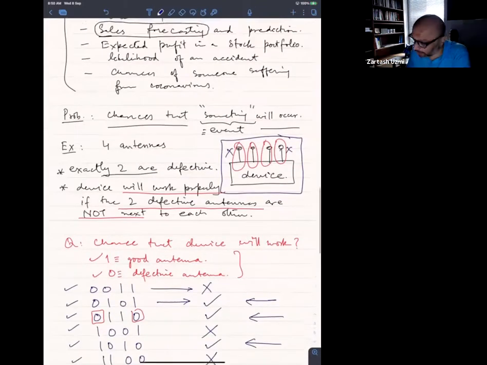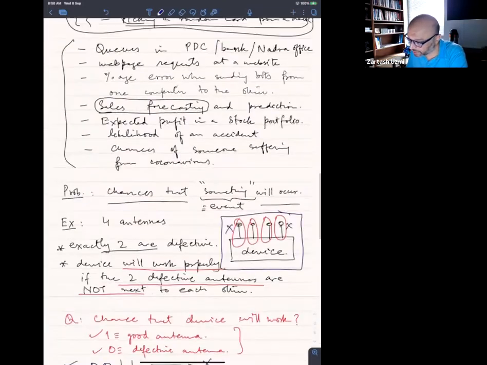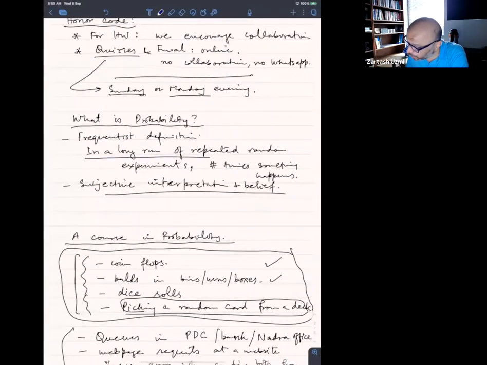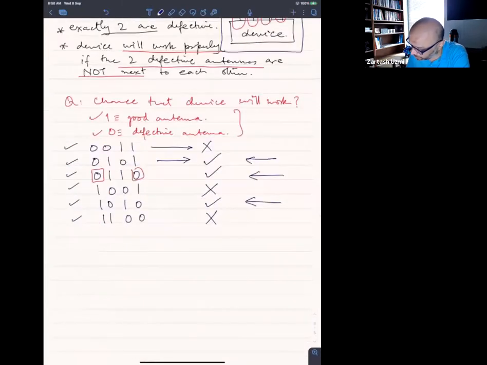So our frequentist definition of probability says that in a long run of repeated random experiments, the number of times something happens. So 3 out of 6 times, the device will work.